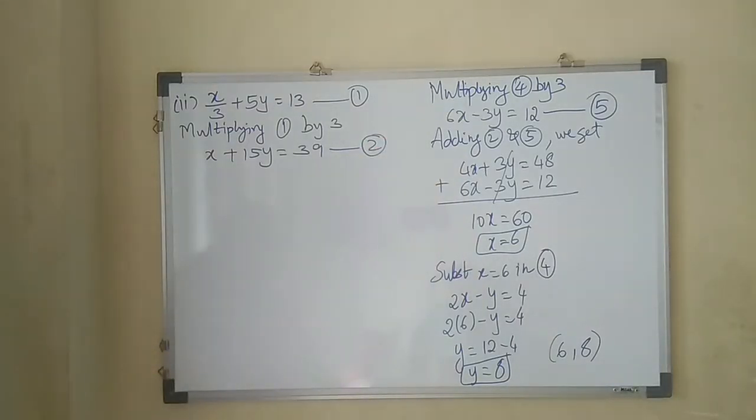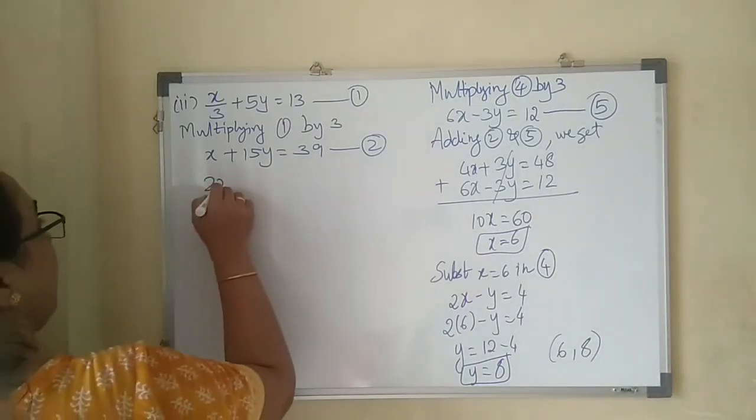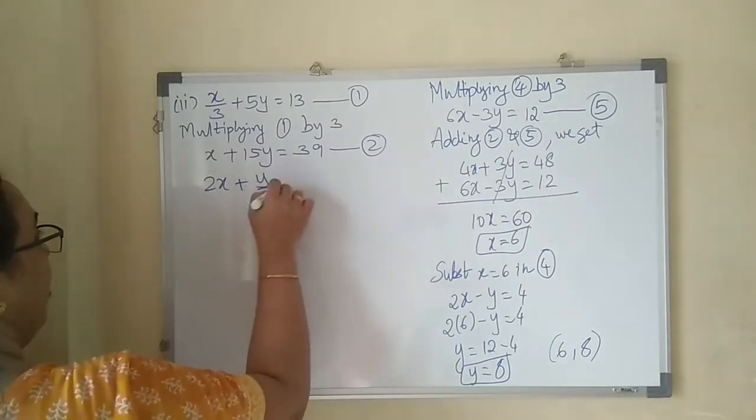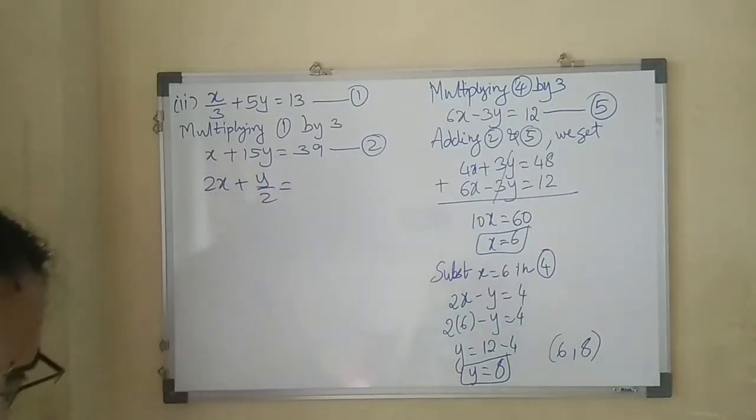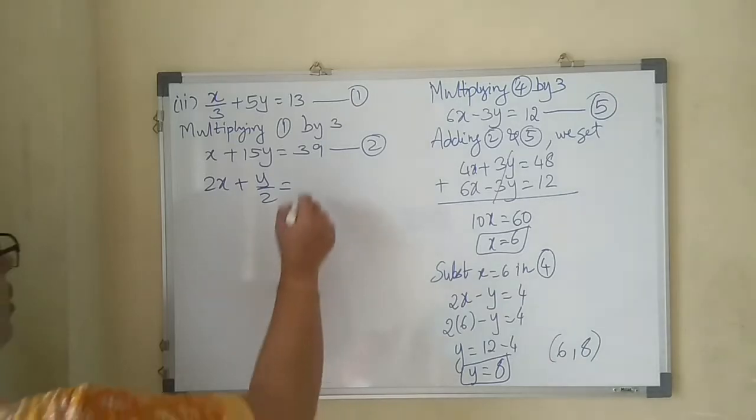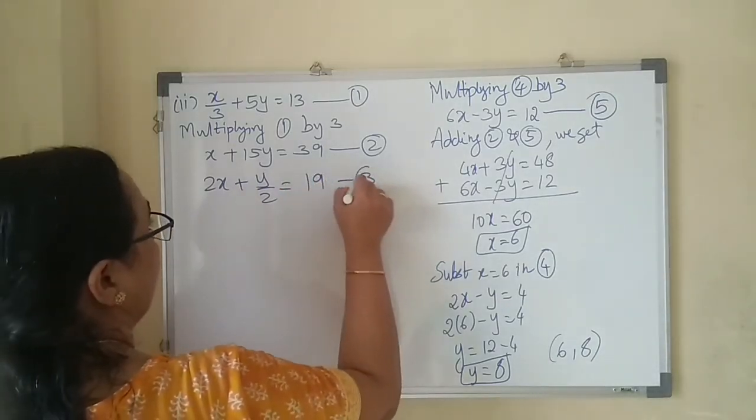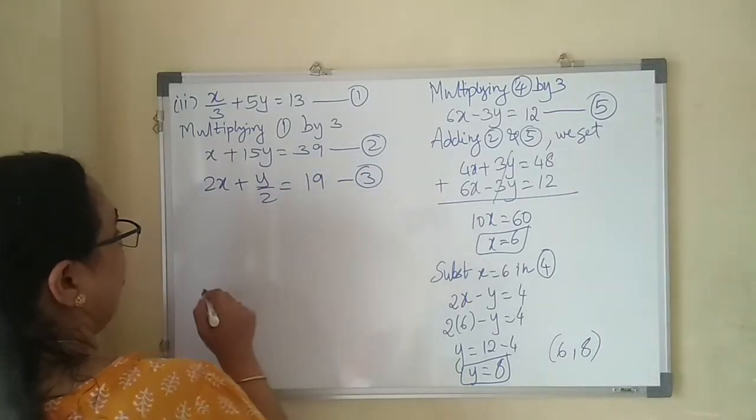Now, what about the second part of the second question? The second equation given: 2x plus y upon 2 is equal to 19. What is the extra thing here in the denominator? 2.